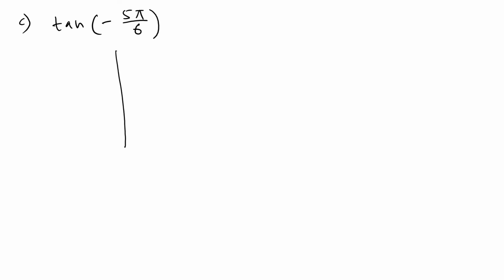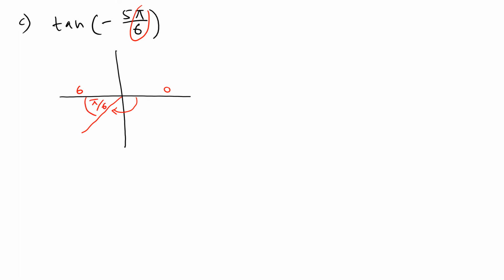We look at the multiples of the denominator. We can start with 0, and then 6. Since it is 5, it's in the third quadrant in this case, because we're going to count backward. So that's the angle, and the reference angle is pi over 6.